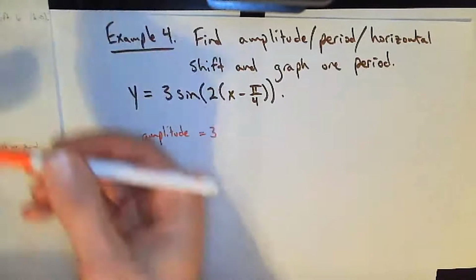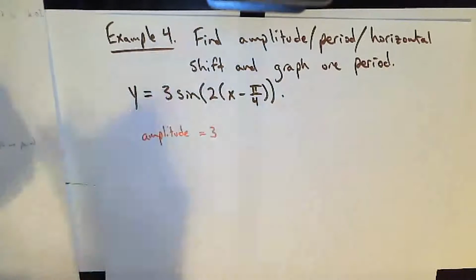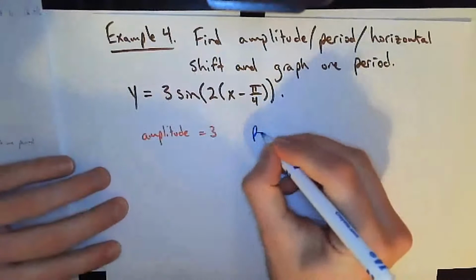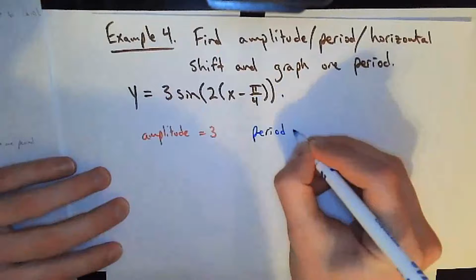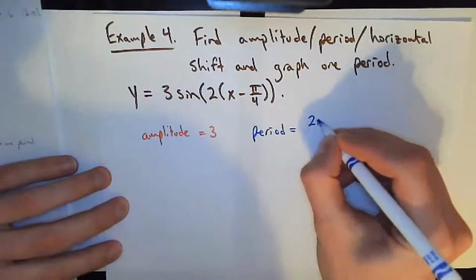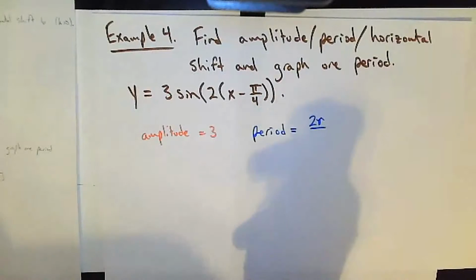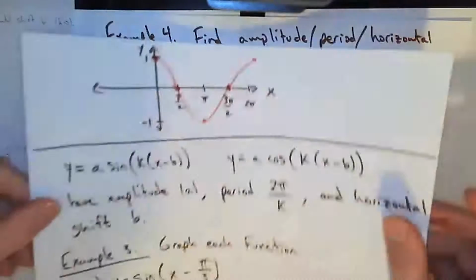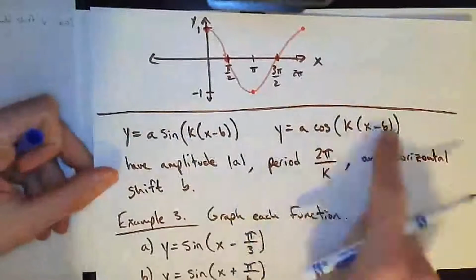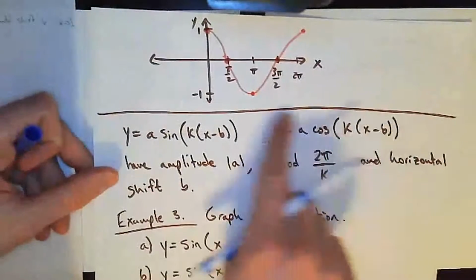Let me then use blue for the period here. Period is how long one cycle is, and that's going to be 2 pi over k, right? Now, what am I referencing here? These things. So go back and look at these with this information.